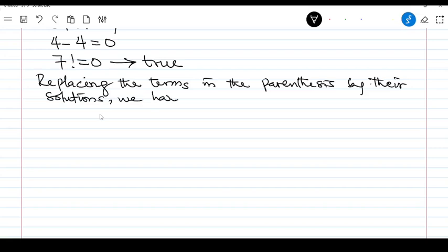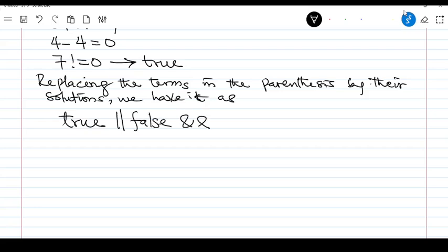We have it as, so the first term, what we have here is true. We have what is in the first term as true. So here is true, and then the second one is false, and we have a logical and, and the other one is true. So that is what we have.